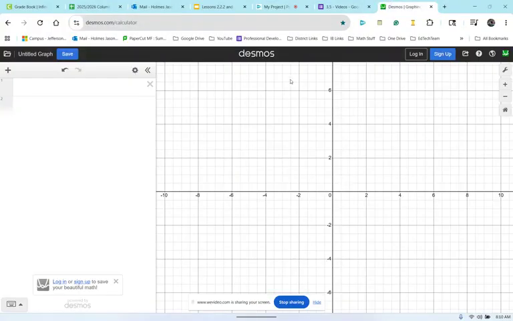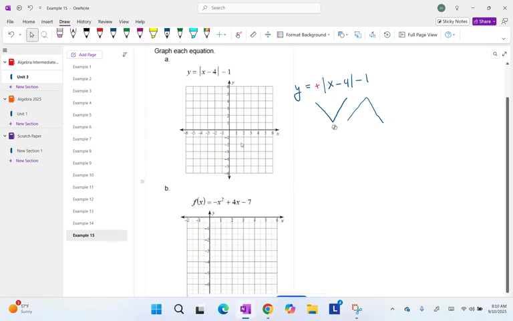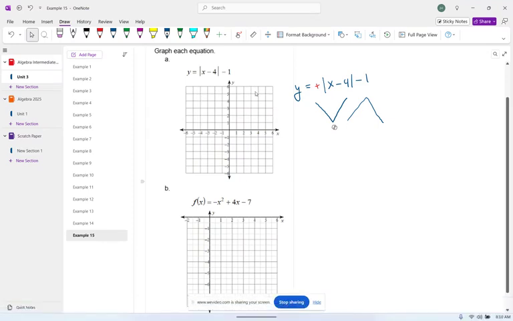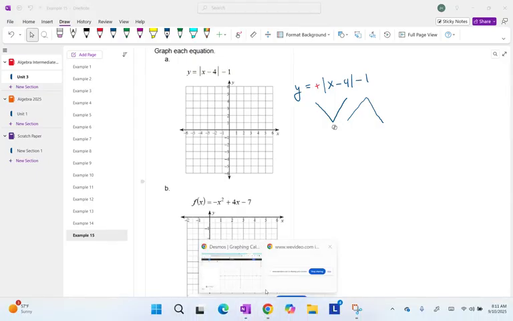But the window is basically set up right. It's not perfect. It goes out to 10 and up to 8 or something like that. But the window that I have to graph on is basically up to 6 and down to -6 and so forth. Okay, so let's put in the absolute value of x minus 4 minus 1.